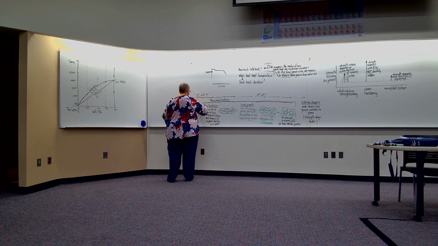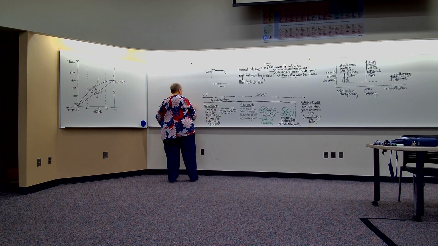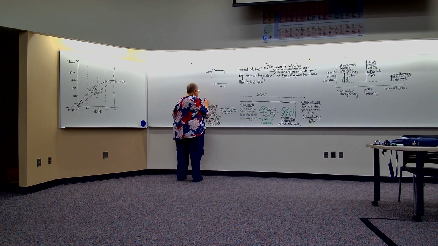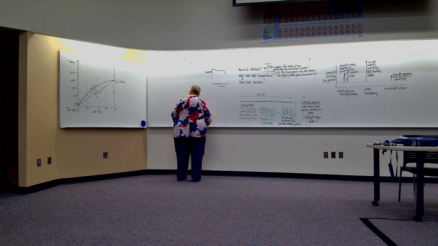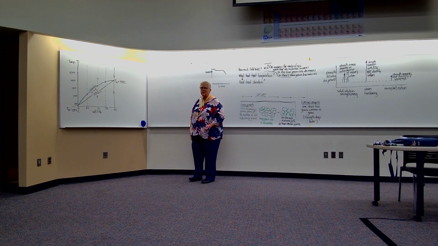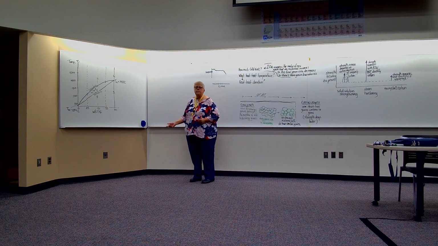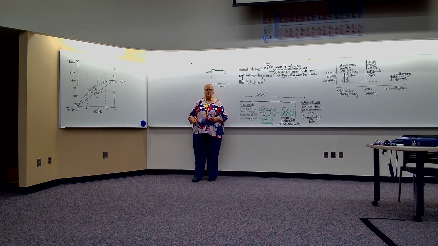Now this particular phase diagram for copper and nickel is unique because there's only one solid. You're like, well, of course there's only one solid. Most metals, there are two or more solid phases, and the difference between them is their crystal structure.